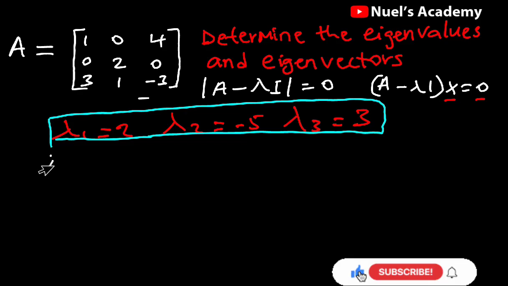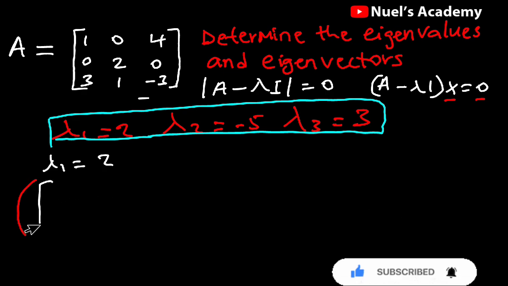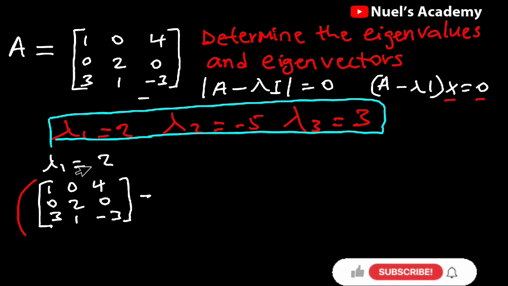When lambda 1 is equal to 2, matrix A is [1, 0, 4; 0, 2, 0; 3, 1, minus 3], then minus lambda. Remember lambda 1 is equal to 2, so we use 2 to multiply the identity matrix, and we get [2, 0, 0; 0, 2, 0; 0, 0, 2].